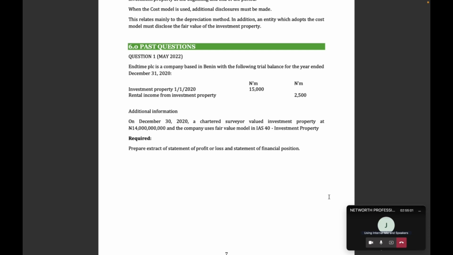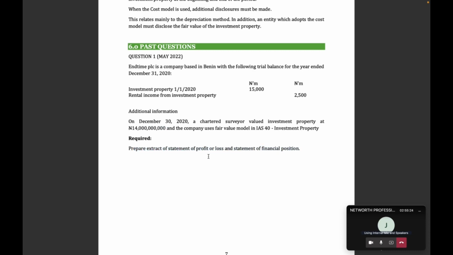A question goes like this. This was a past question. They gave us a trial balance. The investment property is there, the rental income is there. They told us that at the end, they valued the investment property at 14 billion, and we are to prepare the statements.